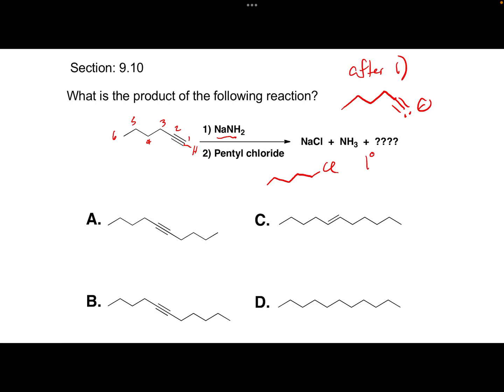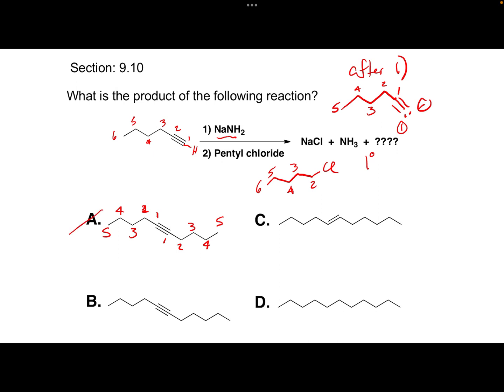Or rather, it's going to have 5 carbons on one side and 6 carbons on the other, because we're going to have 1, 2, 3, 4, 5, and then this will start off our 1, and then we'll have 2, 3, 4, 5, 6 after the substitution reaction. So this is actually 1, 2, 3, 4, 5 carbons. And here we see 1, 2, 3, 4, 5. Okay, so that's the metric.